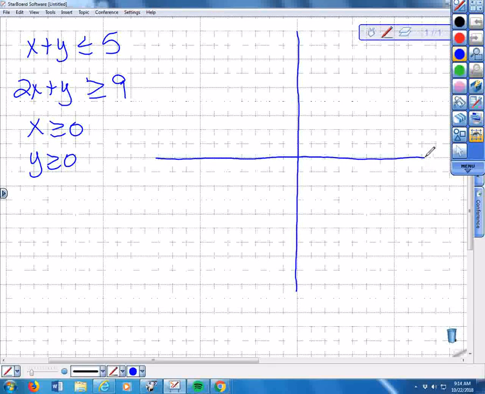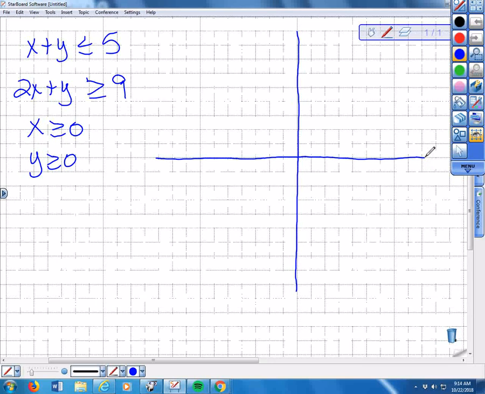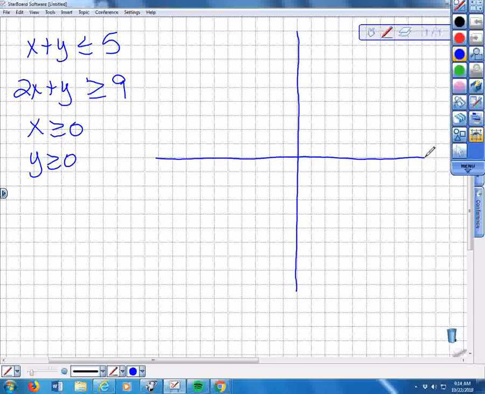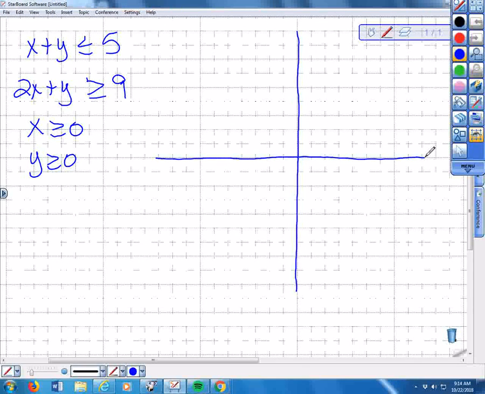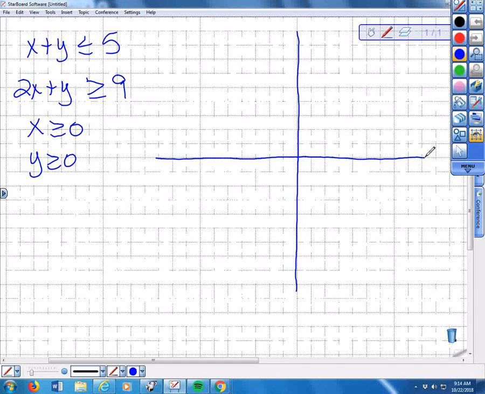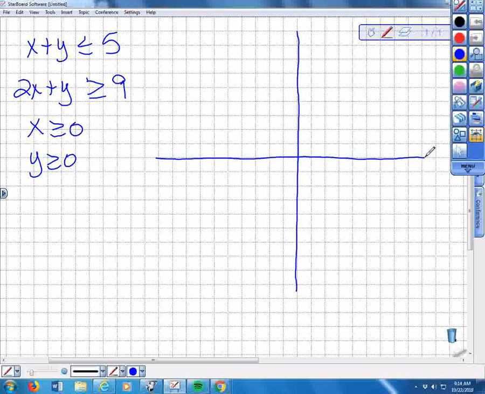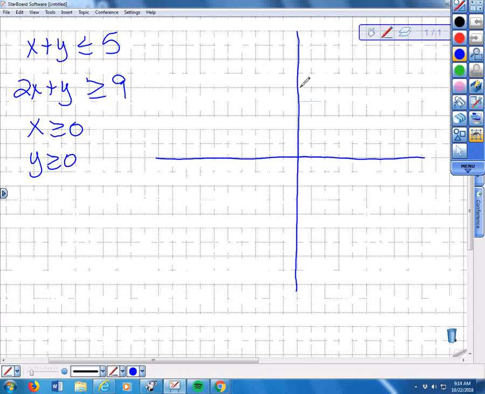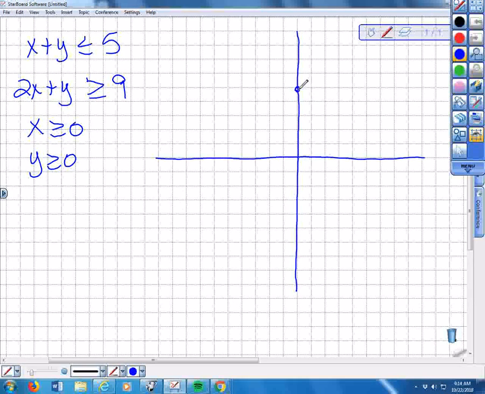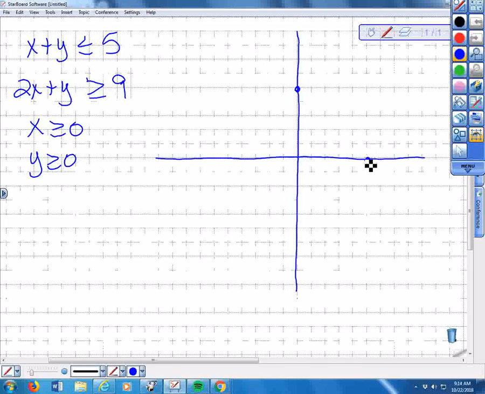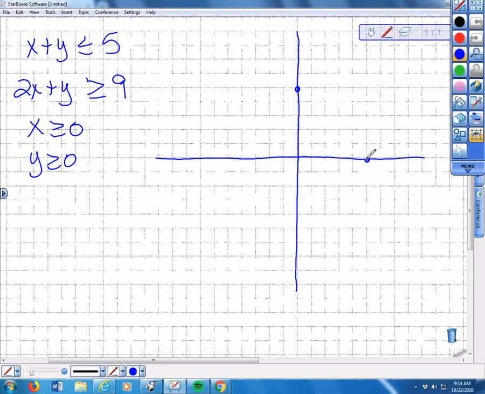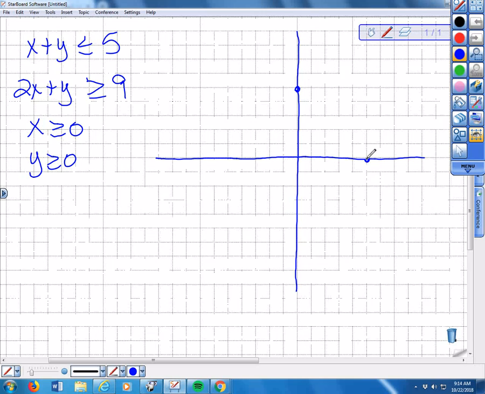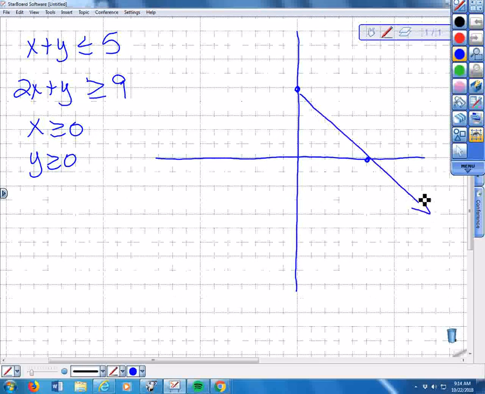X plus y is less than or equal to 5. Well, this means the slope is negative 1, and the y-intercept is 5. Or I could just plug in 0, y is 5, 0, x is 5, right? So my y and x intercepts. That's your first one?